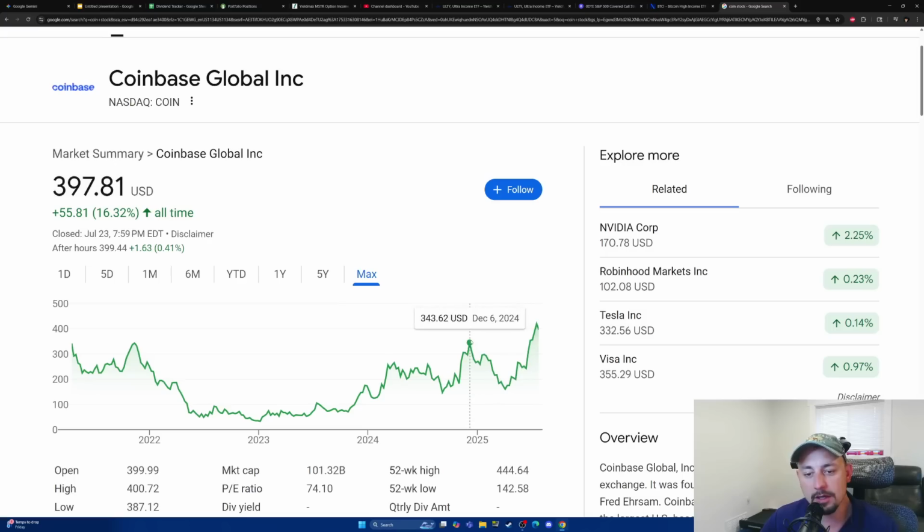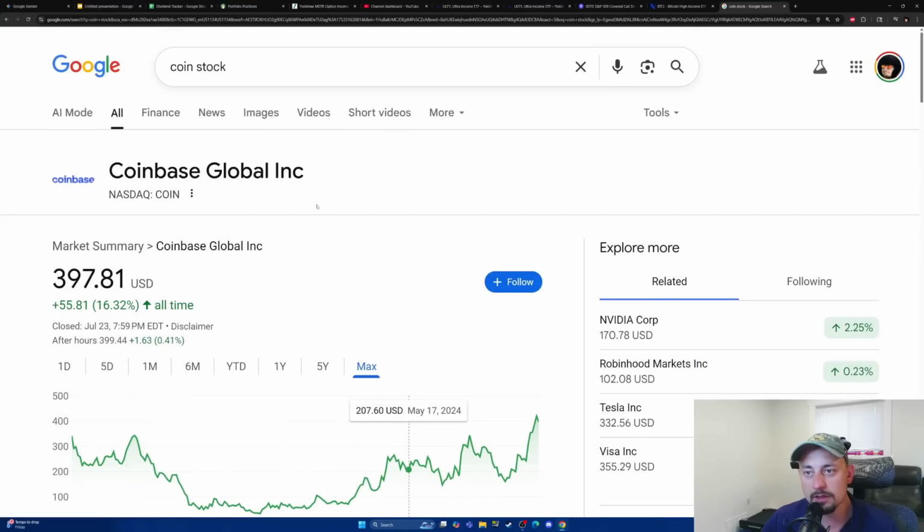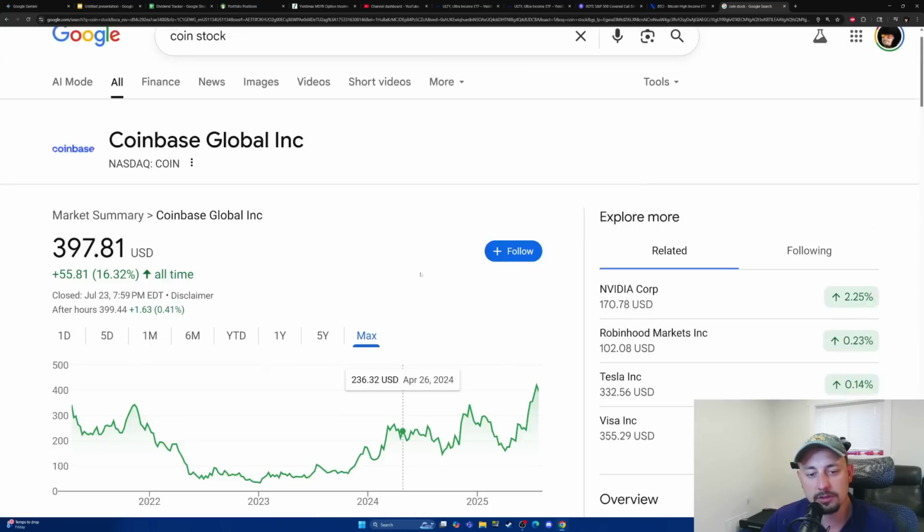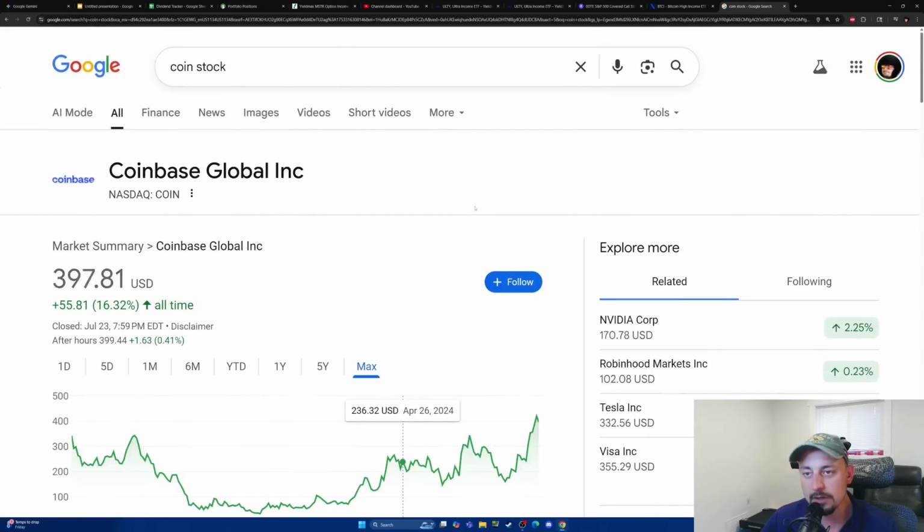Back on December 6th, we were at $343. We went down to $160 on COIN. From $340 to $160. Imagine holding the same position on CONY. I don't know. It scares me, folks. It scares me how all of these are such a bubble right now.